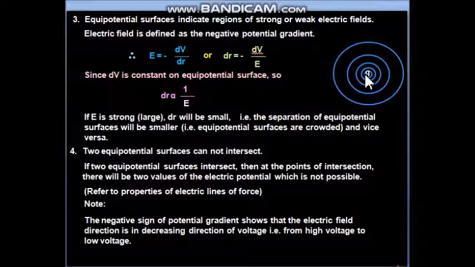Around any charge, if we are present close to the charge, then electric field is stronger near the charge. And if we notice the gap between two EPS, this gap is smaller. So clearly, wherever the gap dr is smaller, electric field will be more, that means stronger. So that's why near the charge the two EPS are very close.